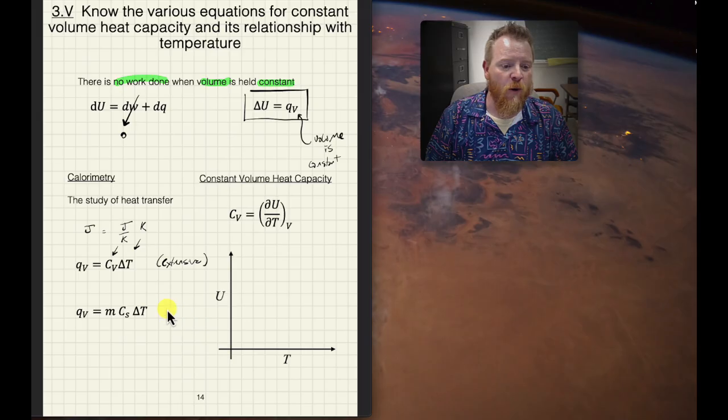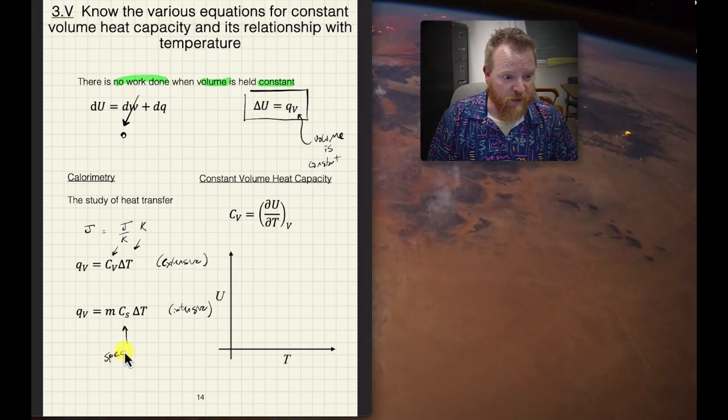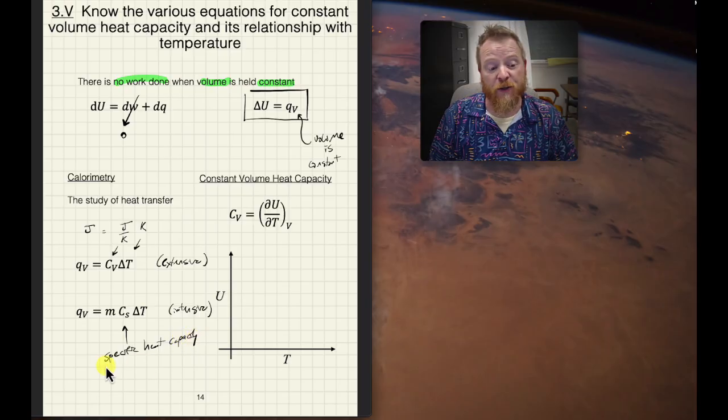Okay, there is an intensive way that we can look at this. The intensive parameter would be the specific heat capacity, CS. Let's write that down: specific heat capacity. My hope is that that's the one that's familiar to you.